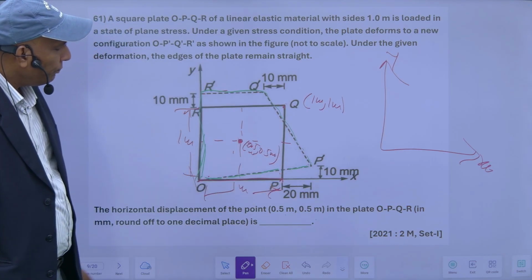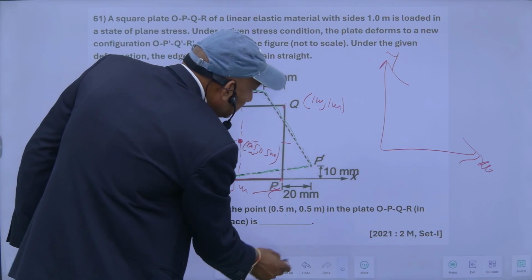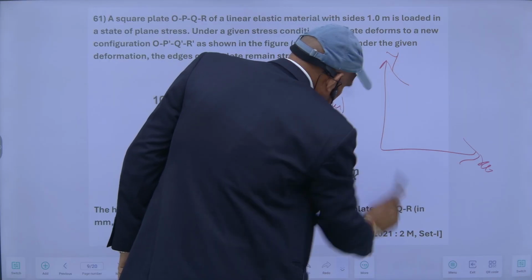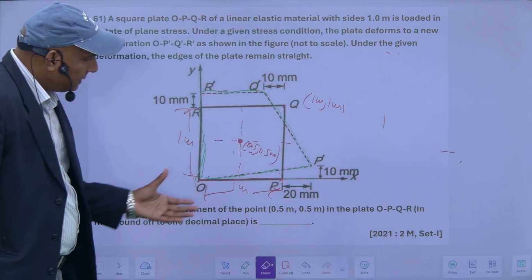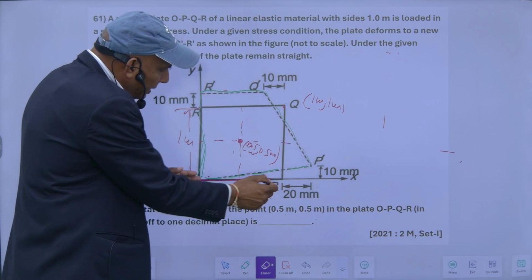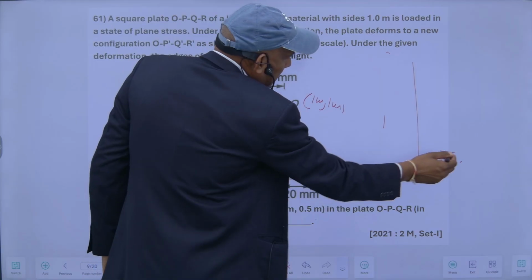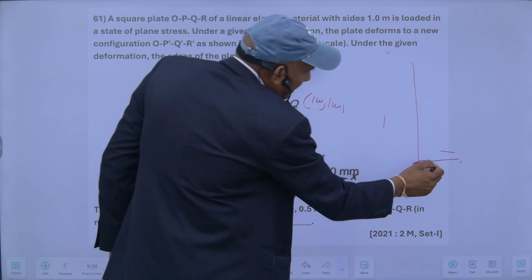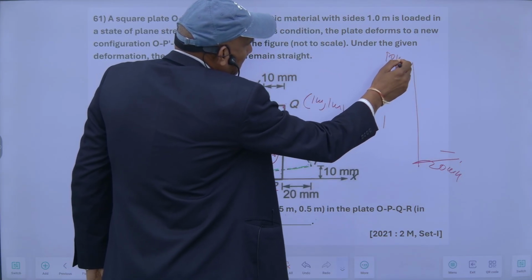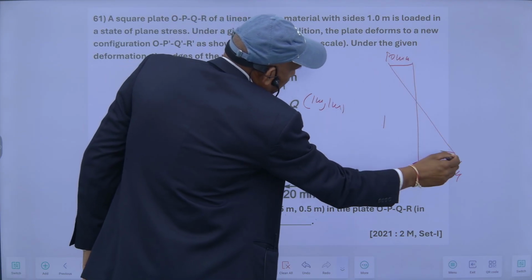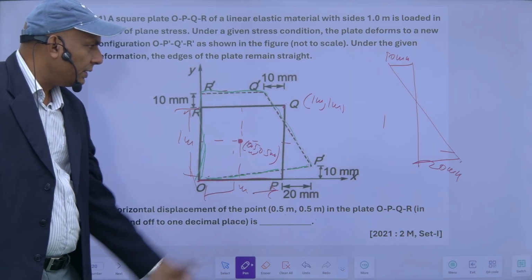If I plot it, in the first case when the length is 1 meter, it will be like this. At the bottom there is a displacement of 20 mm this way, and on the top it is 10 mm like this.